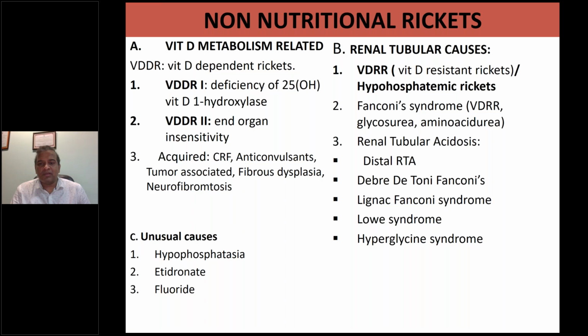It can be distal renal tubular acidosis and various syndromes like Debré-de Toni-Fanconi syndrome, Lignac-Fanconi, Lowe, or hyperglycinuric syndromes. Other causes can be hypophosphatasia, that's a separate entity, etidronate, or fluoride therapy. So fluorosis can have a presentation like rickets. Hypophosphatasia is a different thing in which the alkaline phosphatase will be low, but the presentation is like rickets.